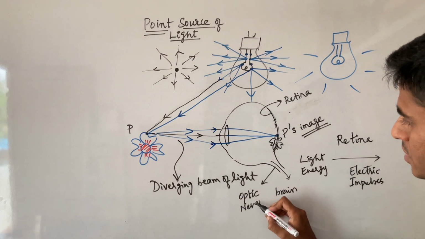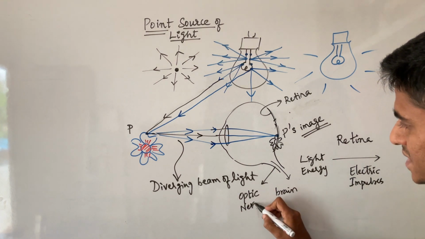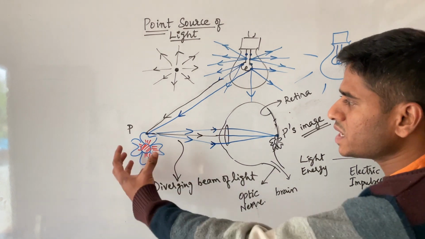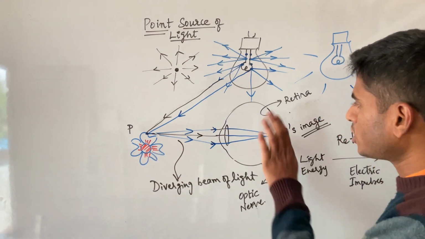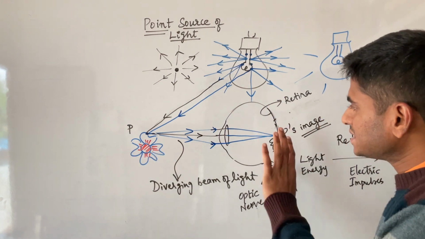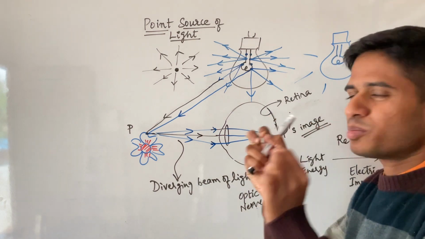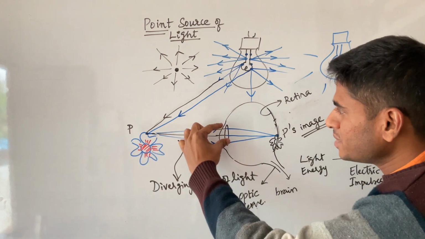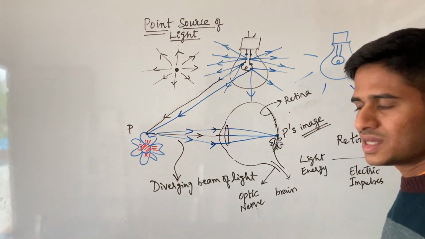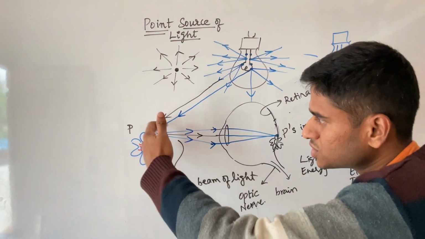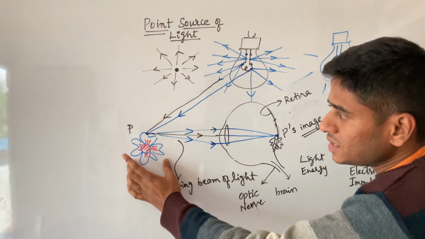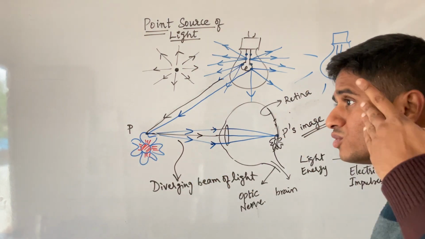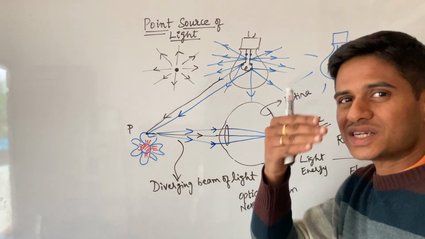So making it simple, what is happening? The entire image of the object is formed on the retina. How is it happening? It is happening point by point. From every point there is a diverging beam, and that diverging beam is converged on the retina. That means the entire reconstruction or impression of the flower is happening on your retina.